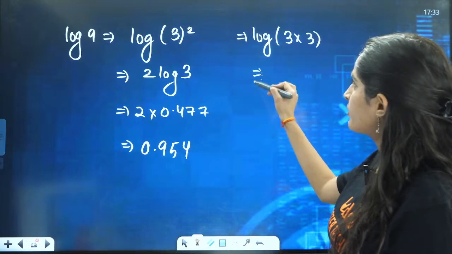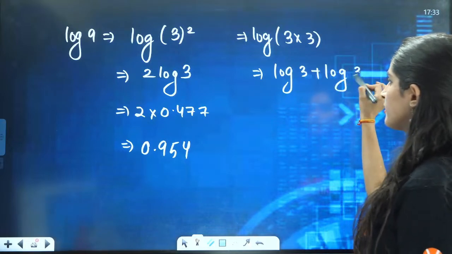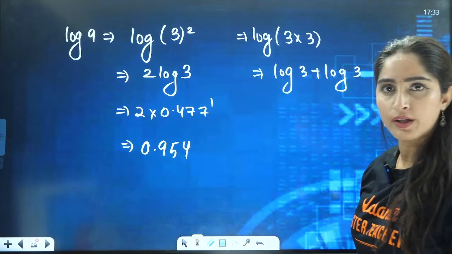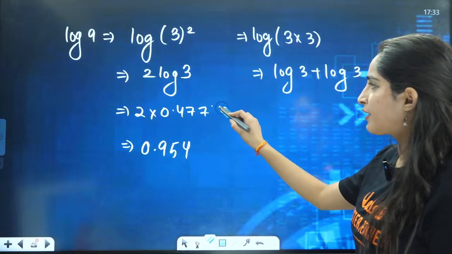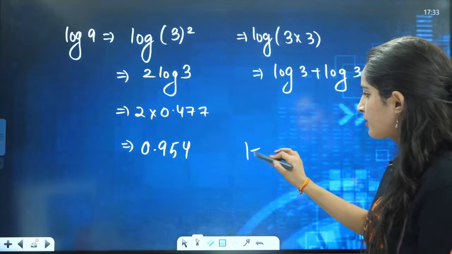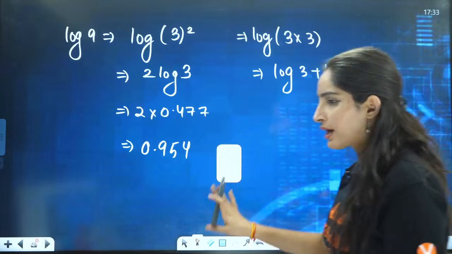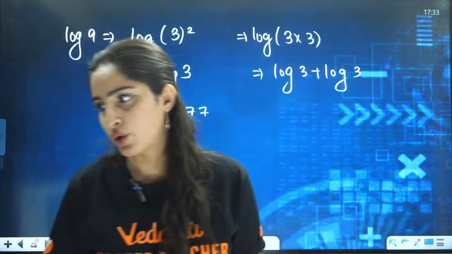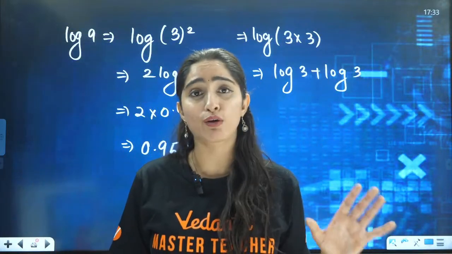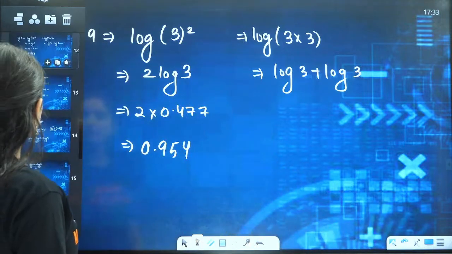So it will be log 3 plus log 3, that is nothing but 2 log 3. If I say you have 1 plus 1 chocolate, or if I say you have 2 chocolates, that is the same thing, right? Okay, understood?